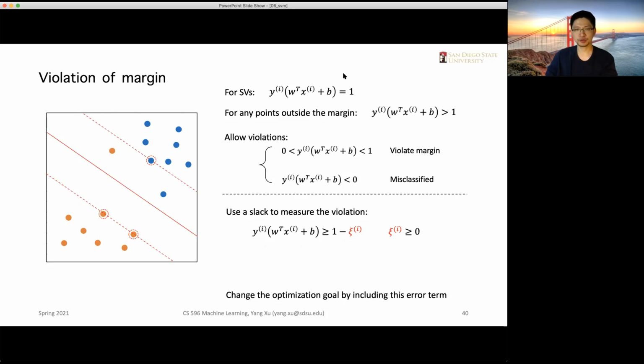This time we don't ask this expression on the left to be strictly greater than 1, but we allow for some slackness, like we allow for this error, and this error should be greater than 0. Okay, so it's actually psi. Yeah, I remember it should be psi. Epsilon is a smaller symbol. Yeah, epsilon is written like this one. Yeah, psi. Okay, interesting.